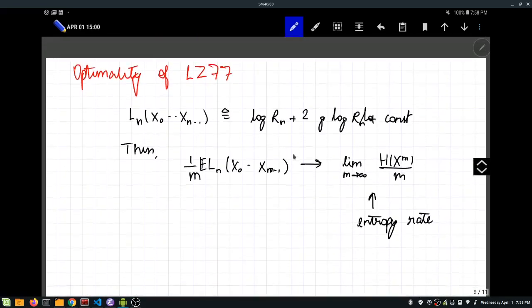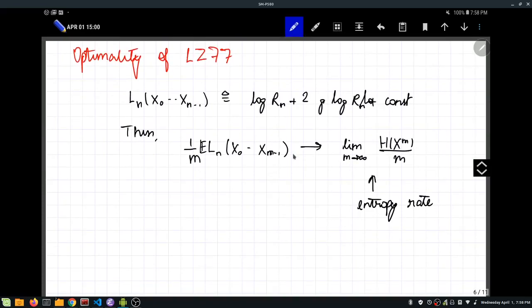Okay. So using this, let's prove that LZ77 is optimal.